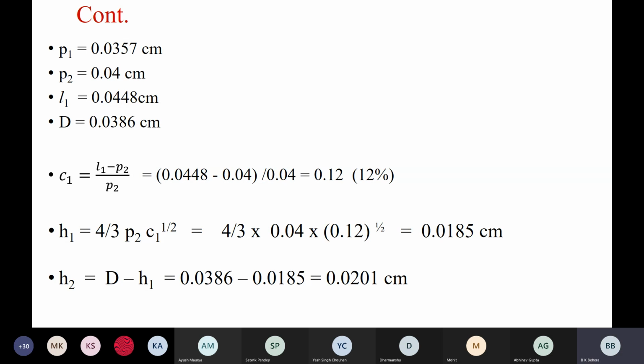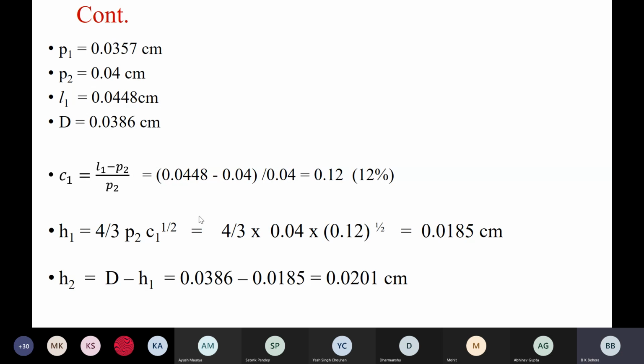H1 equals 4 upon 3 P2 C1, you know this relationship we have derived. Now H1 is coming 0.0185 centimeter. Once you know H1, you don't use the 4 upon 3 P1 C2 formula for H2, because you already know D, so you use the shortcut method. H1 is known, H2 will be D minus H1.